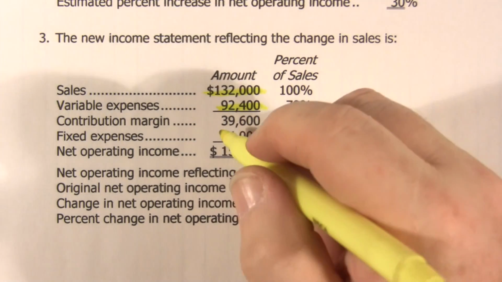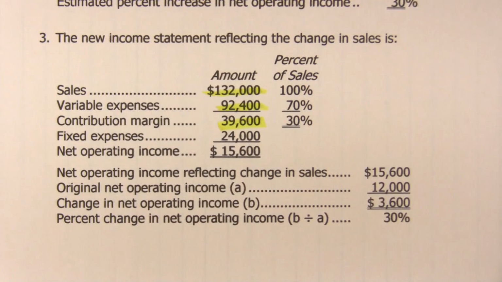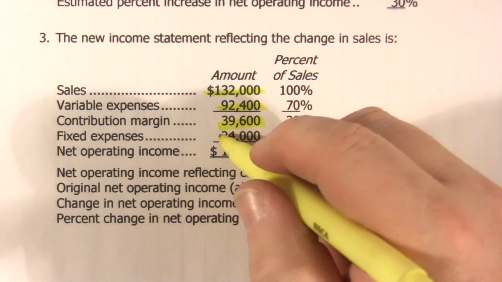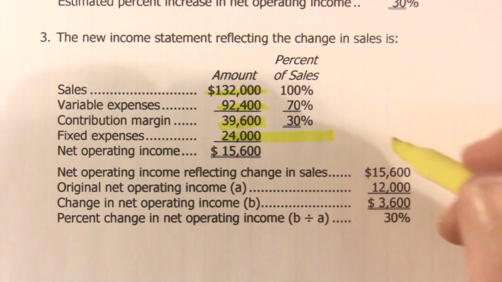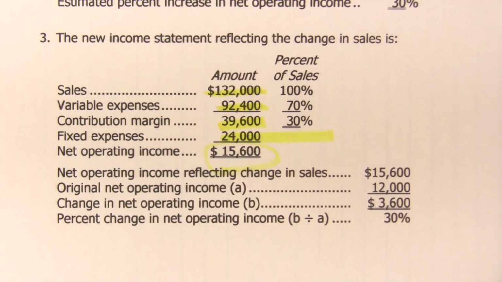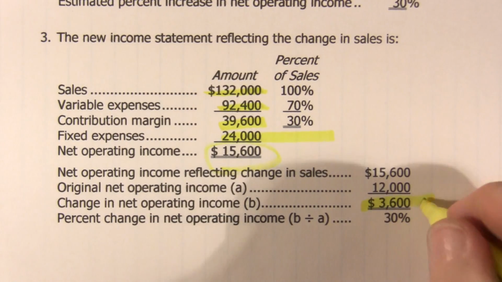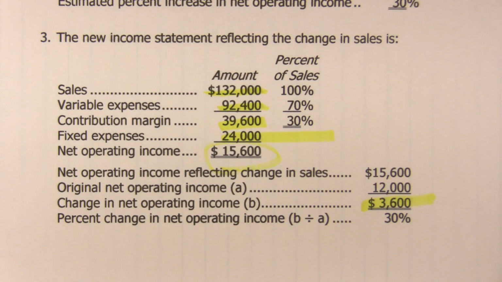Our contribution margin goes up. Our fixed expenses remain the same. Our operating income is $15,600, which is $3,600 more, or 30% of the $12,000. The contribution margin and operating leverage are very useful management tools.